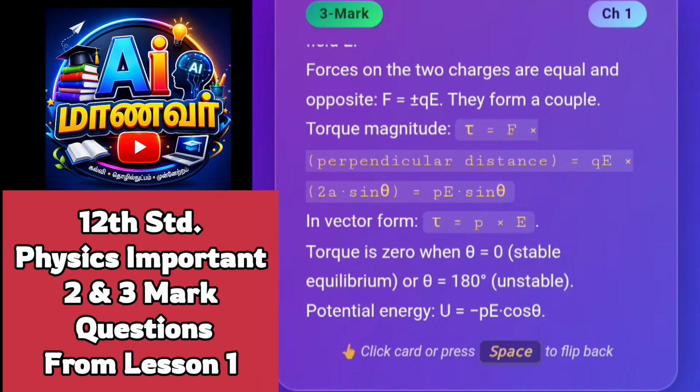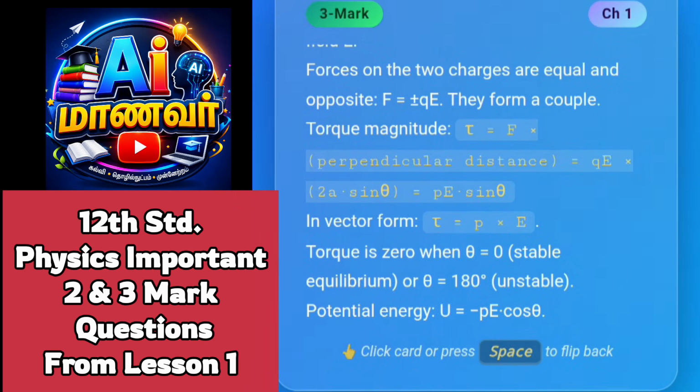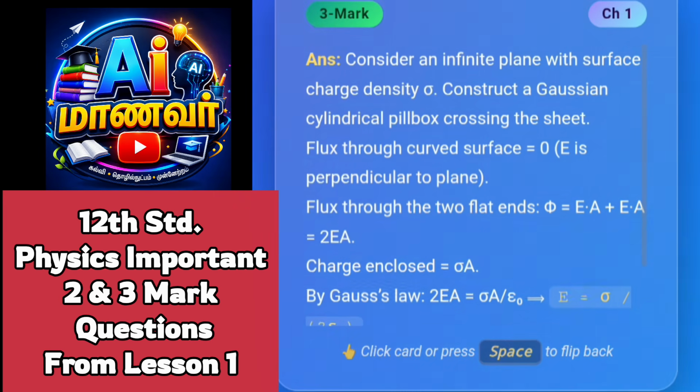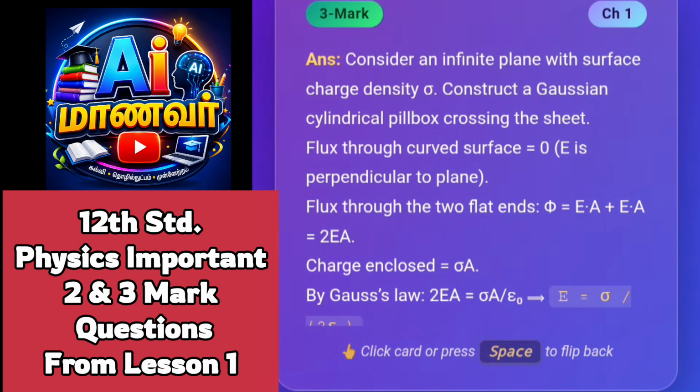Using Gauss law, derive the expression for electric field due to an infinite plane sheet of charge. Consider an infinite plane with surface charge density sigma. Construct a Gaussian cylindrical pillbox crossing the sheet. Flux through the curved surface is equal to 0, as E is perpendicular to the plane.